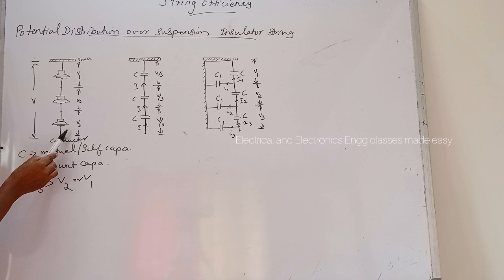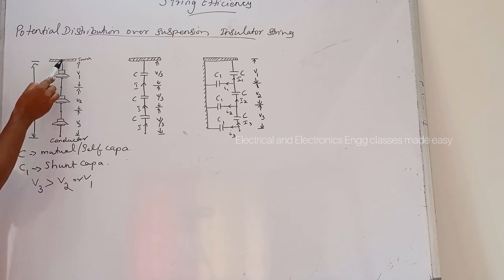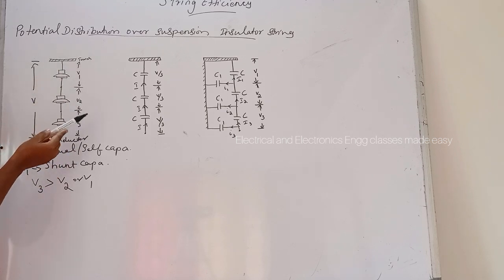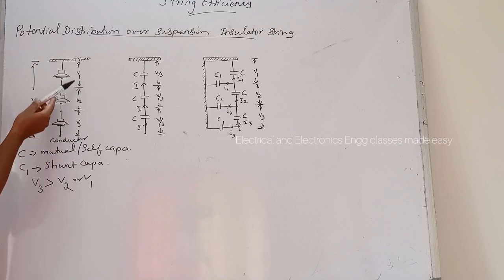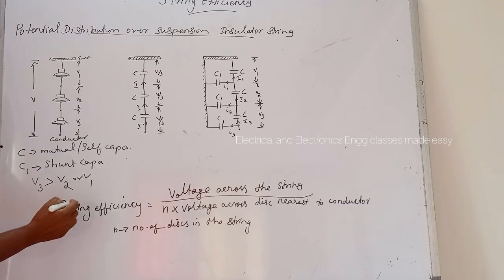The disc nearest to the conductor has the maximum voltage across it, and as we move towards the cross arm, the voltage across each disc goes on decreasing.